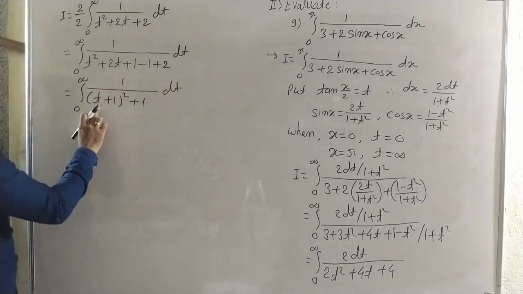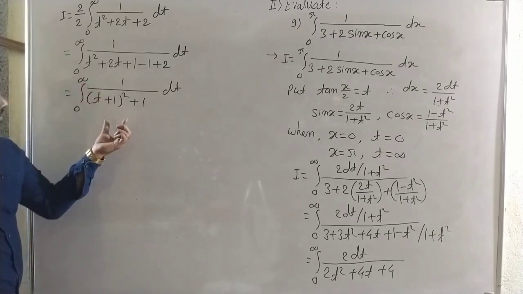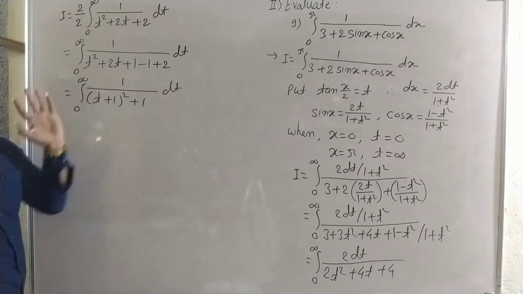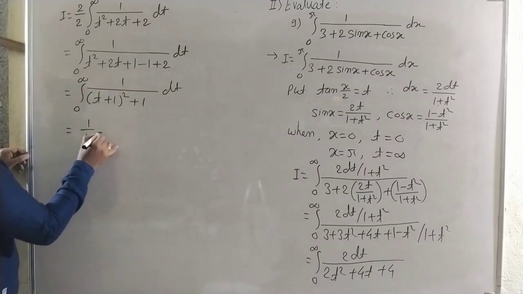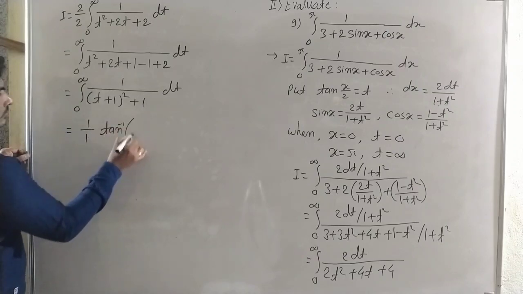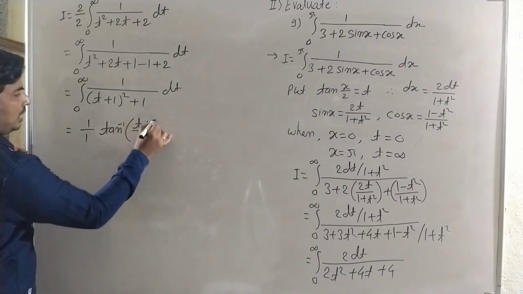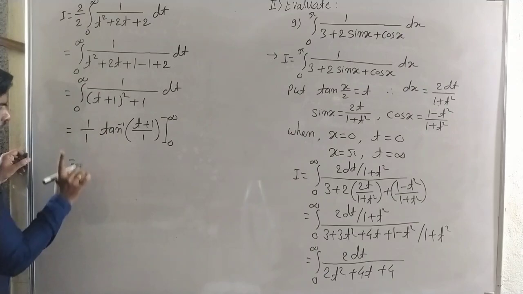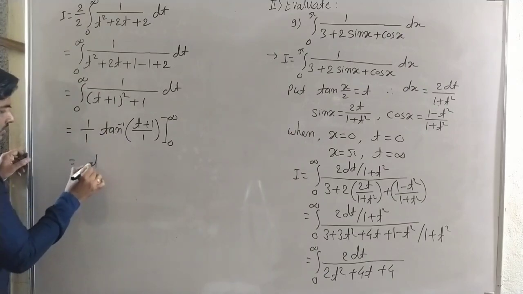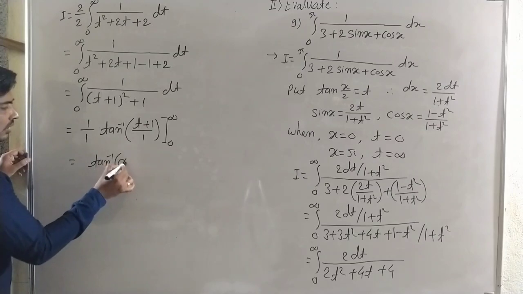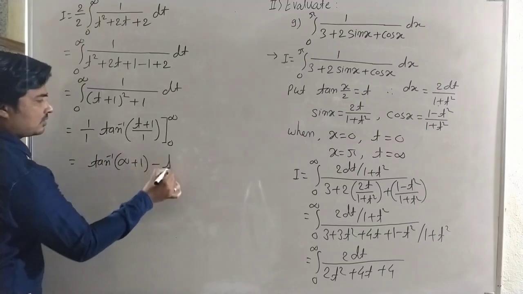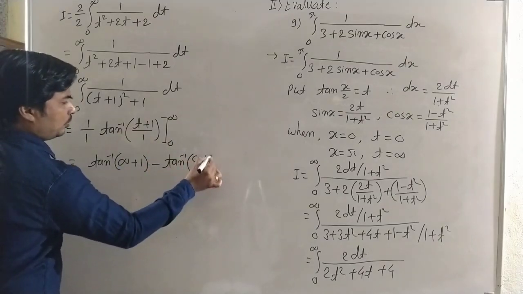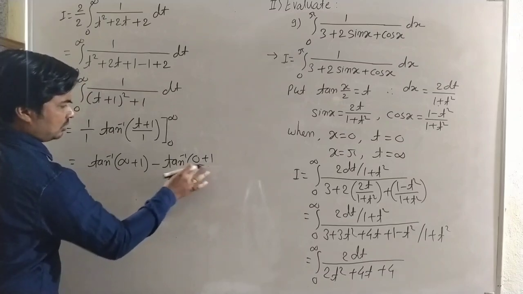Now here 1 upon x square plus a square, the integral of 1 upon x square plus a square is 1 by a tan inverse x by a, and limit 0 to infinity. See carefully, it is 1 by 1. Then put the upper limit, that is tan inverse of infinity plus 1, minus tan inverse of 0 plus 1; 1 upon 1 cannot be written.